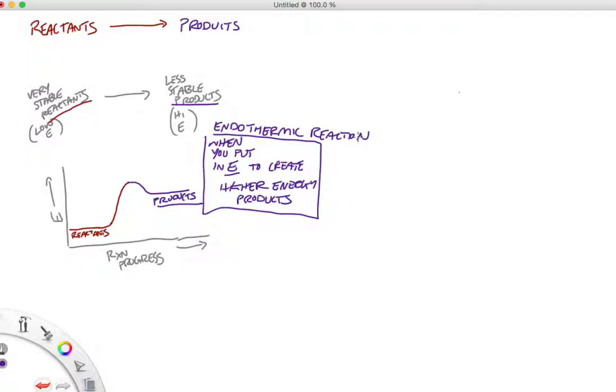All right? So, think about this. If you've got something, you put heat into it, and you create something else, that's an endothermic reaction. Okay?